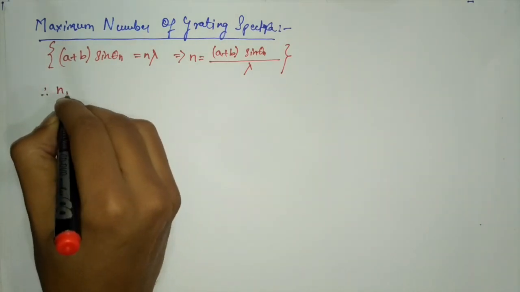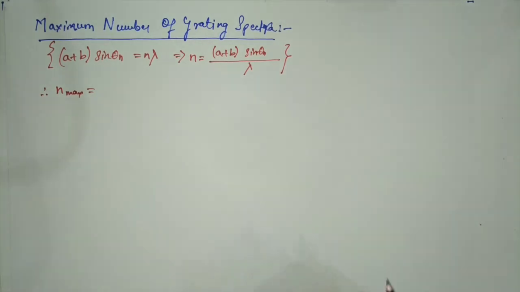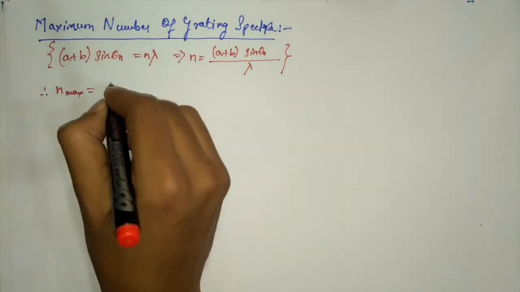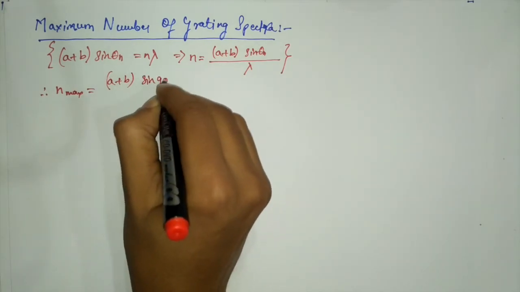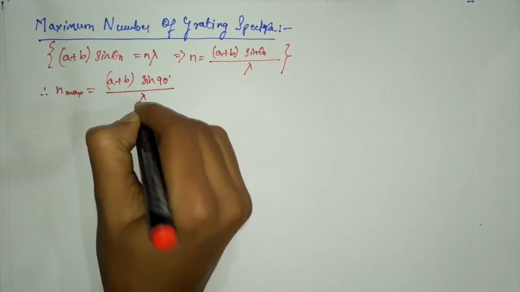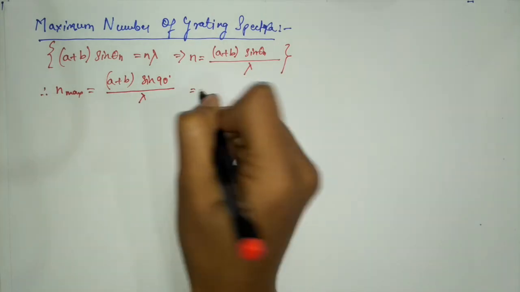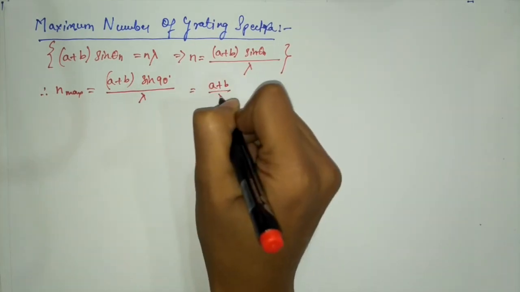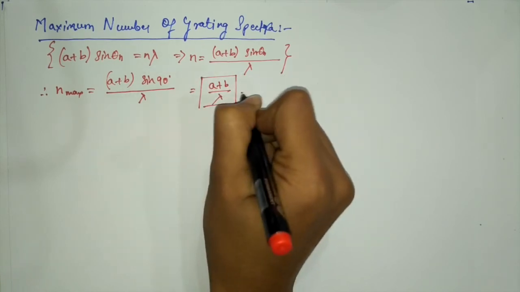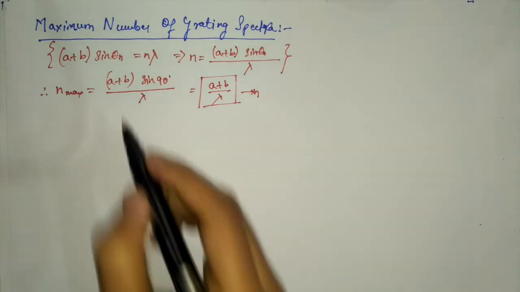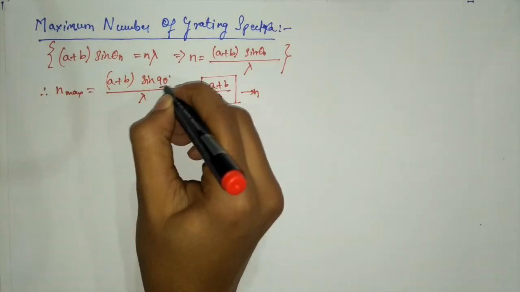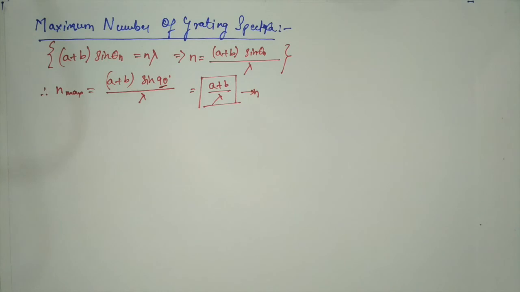Therefore, n max will be equal to (a+b) sin 90° / λ, that is equal to (a+b)/λ. This is the ultimate formula for n. Since the maximum possible value of θ is 90 degrees, that is the normal direction, the maximum number of grating spectra we can consider by taking this 90 degrees here.